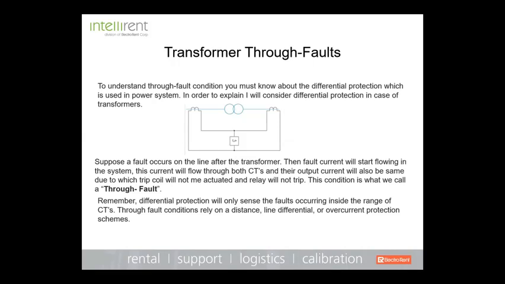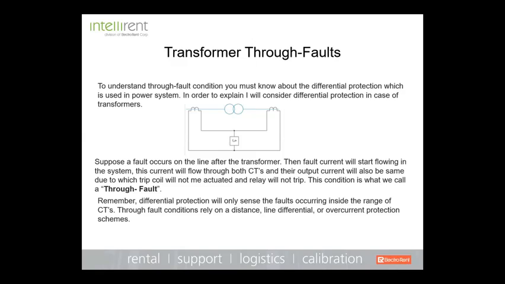Now, differential protection will only sense the faults occurring inside the range of those CTs. If you have a fault in the internal windings of the transformer, your current starts to go towards the fault, and you have a difference in current between what goes in and what comes out, and that's considered a differential fault.